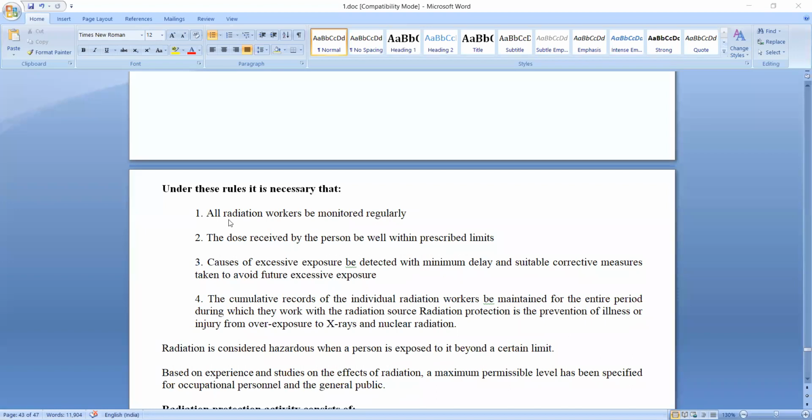We have to find those causes and implement corrective measures to avoid excessive exposure. And the fourth and last one is that we have to maintain cumulative records of individual radiation. Cumulative records means every day, every week we record the exposure of radiation on the human body.